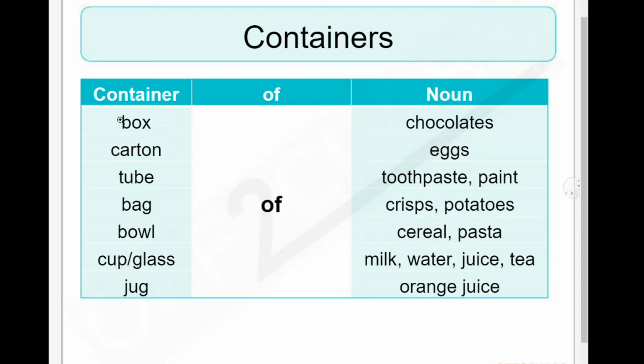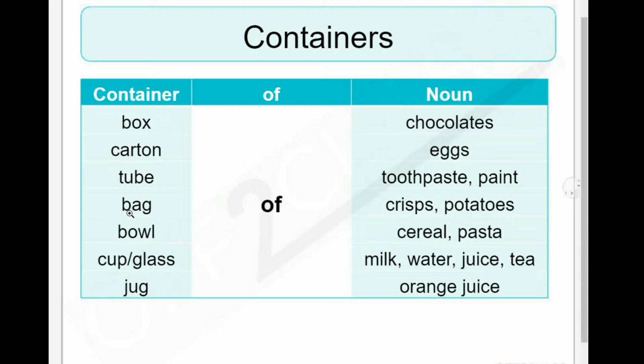So I want you to please tell me what goes in this box. If you said chocolates, that's very good. What comes in a carton? If you said eggs, very good. And what comes in a tube? Toothpaste and paint.